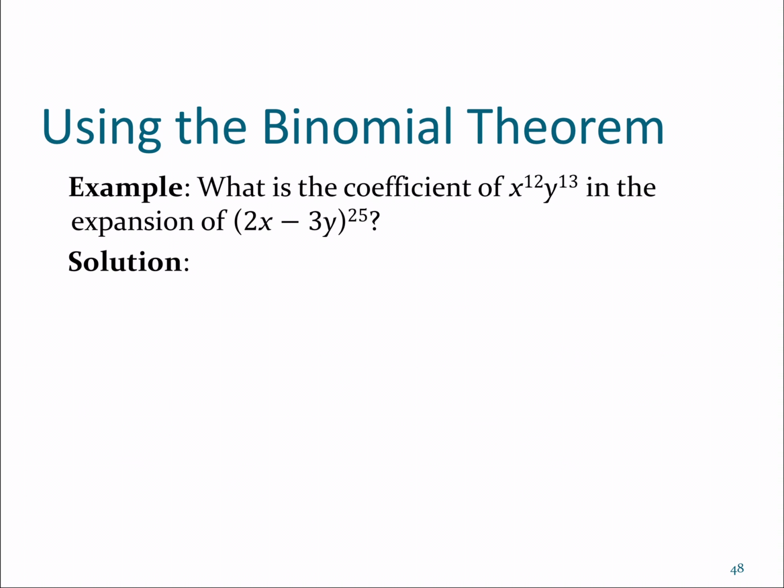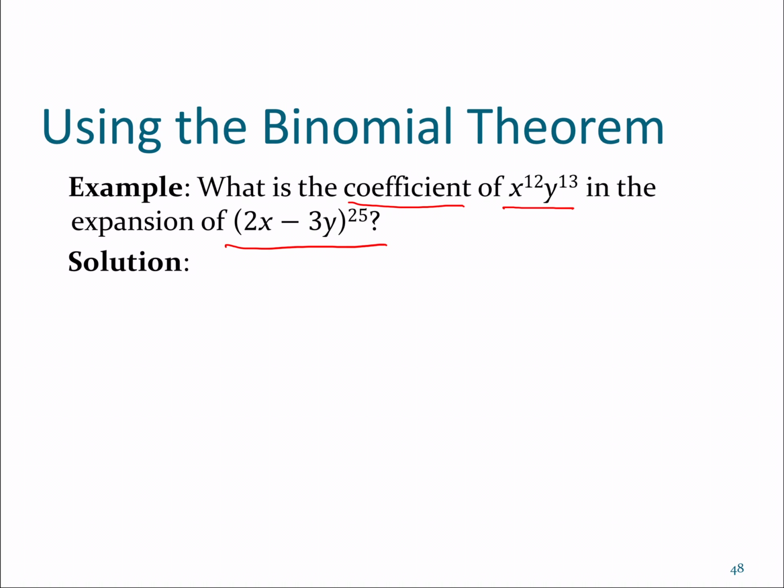Therefore, using the binomial theorem, we can calculate the coefficient of any term inside the binomial expansion. So let's look at the following example. Here we have the binomial expansion of 2x minus 3y to the 25th, and we want to calculate the coefficient of x to the 12, y to the 13 in it.